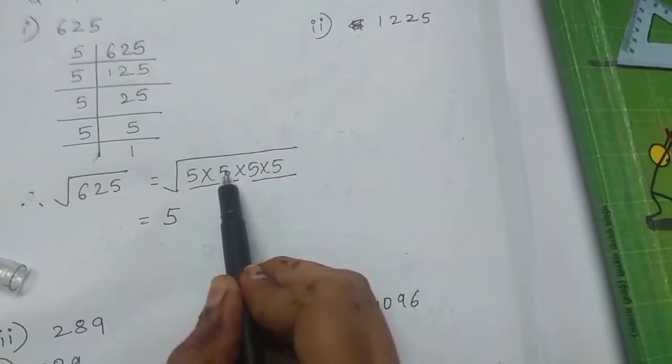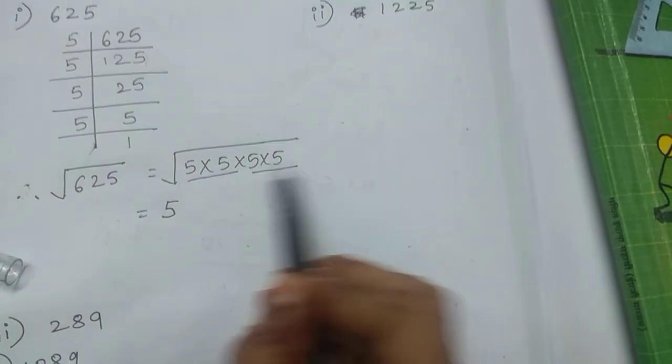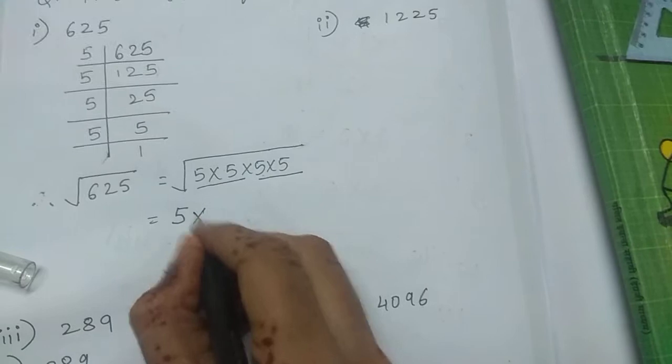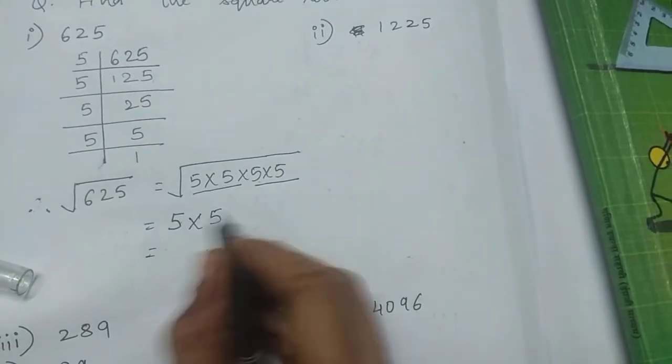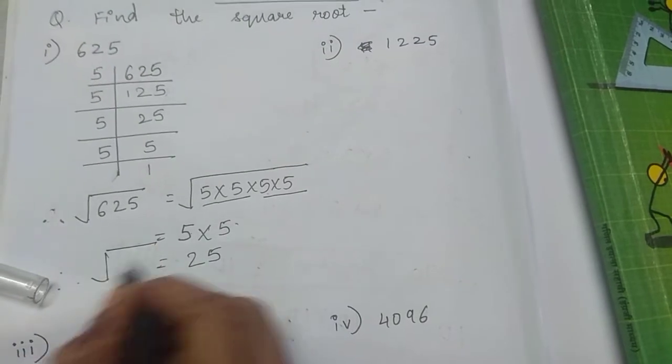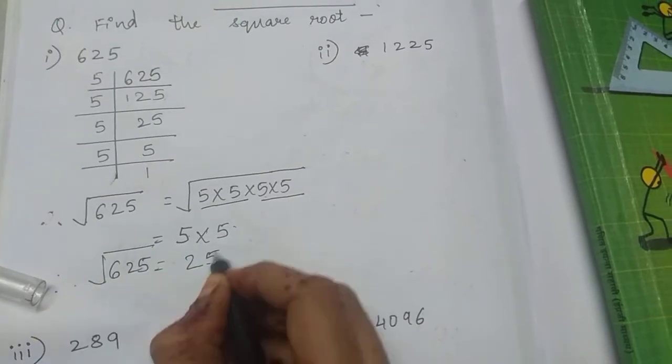Out of the next pair of 5s we will take out one 5 again. So 5 5s are 25. Therefore the square root of 625 is 25.